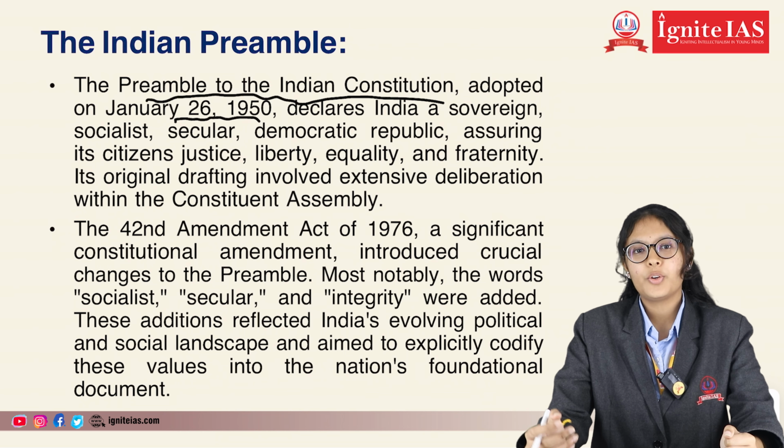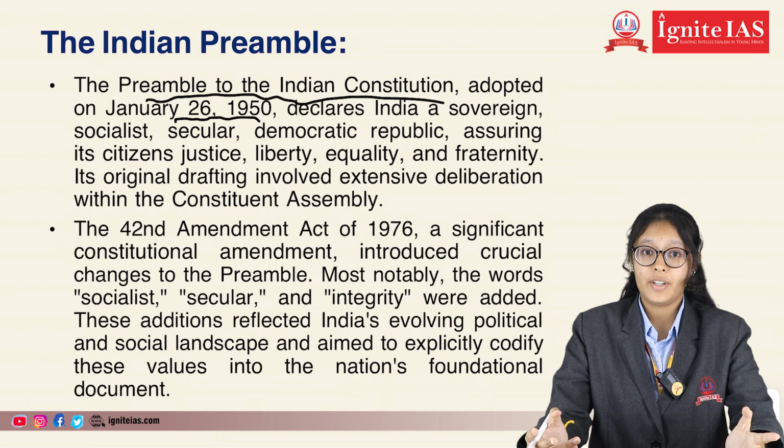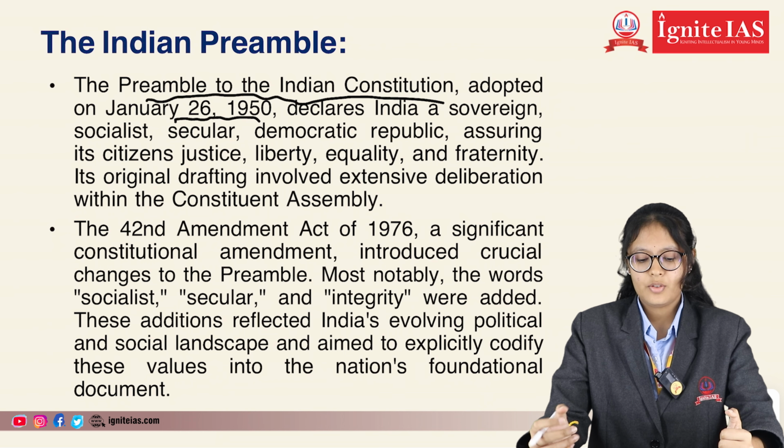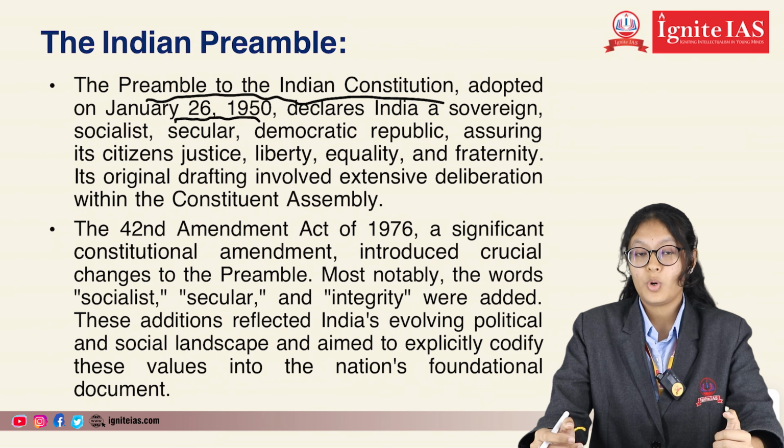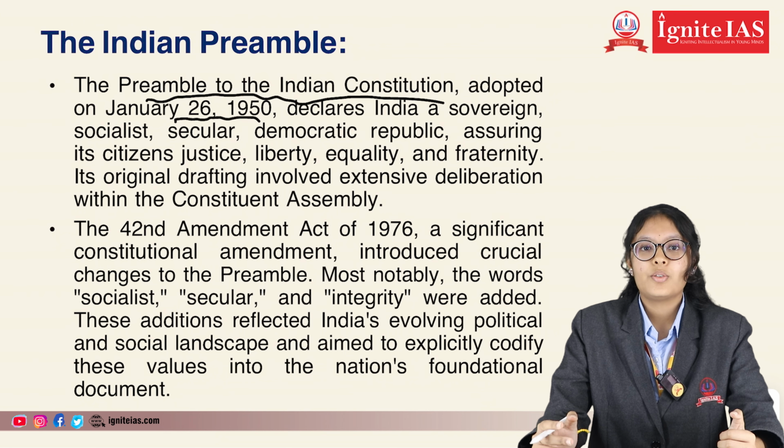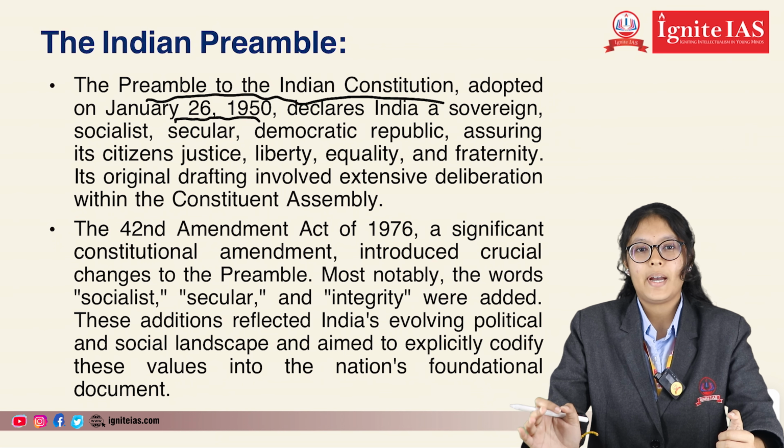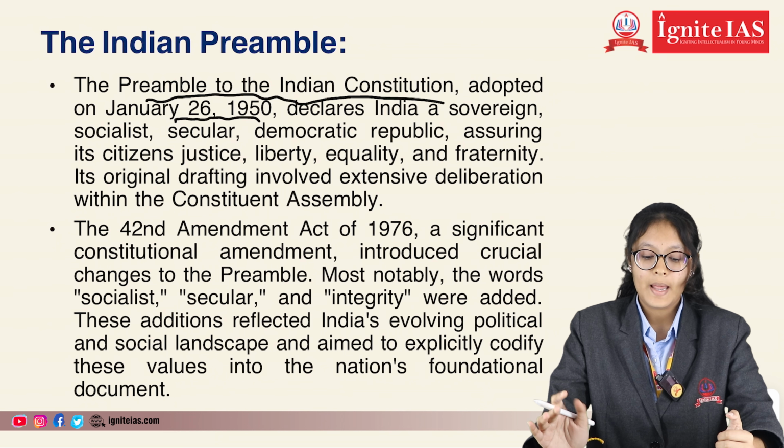So we already got to know what is preamble, who drafted it, and when was it drafted. So what is the content in the preamble? What does the preamble tell us? So the first line of the preamble, we the people of India, it declares that the Constitution and the preamble of India is made by the Indian citizens itself, not by any external forces.